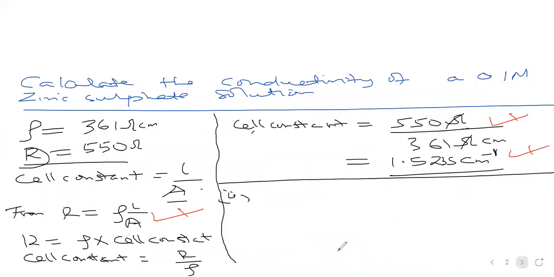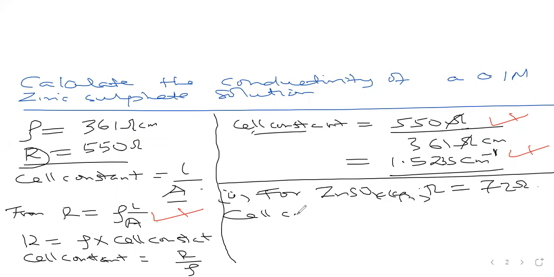So for zinc sulfate, resistance is now 72 ohms. But I told you the cell constant is always a constant so long as the cell is the same. Only the electrolyte is changed, the cell constant remains the same. So the cell constant that we have got there is what we shall use here. It's 1.5235 per centimeter.